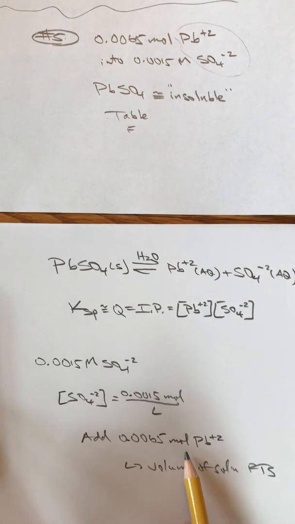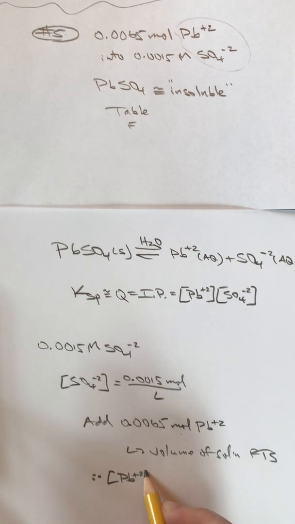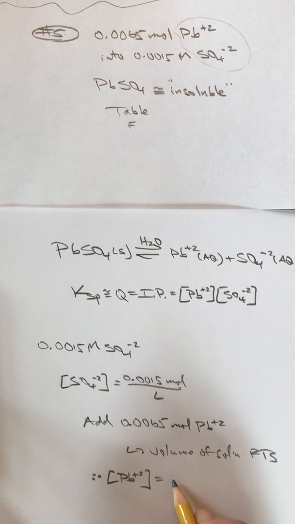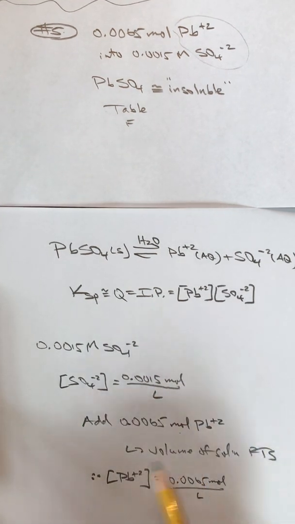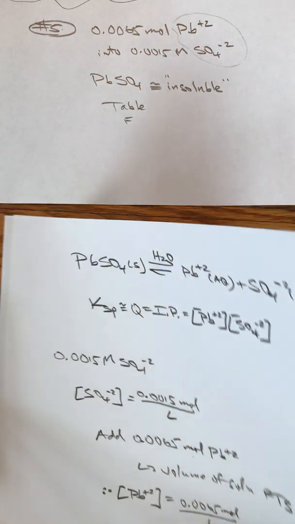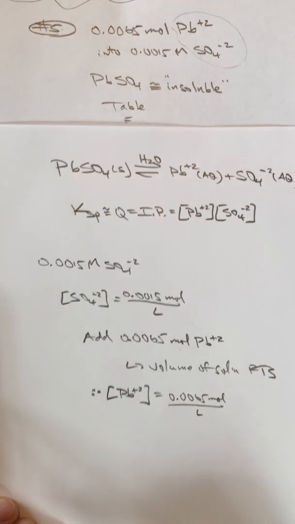They didn't say you added a solution, this just says you added moles. Okay, so I guess you could say then the concentration of Pb plus 2 is equal to 0.0065 moles per liter. That's a bit of a stretch. I don't like the way this question is worded. How did they actually add that? I don't know. They didn't give you enough context, but that's fine. But you have both of your concentrations.